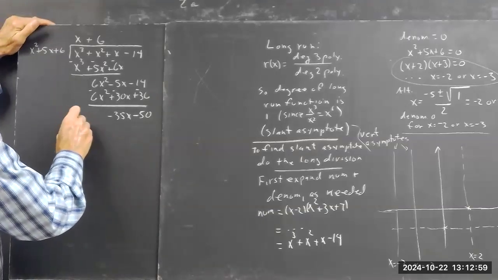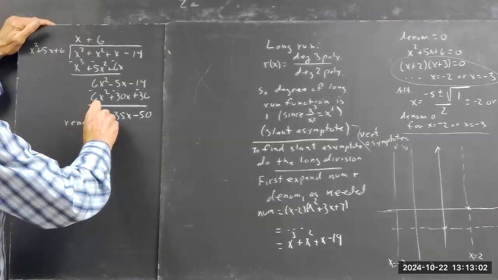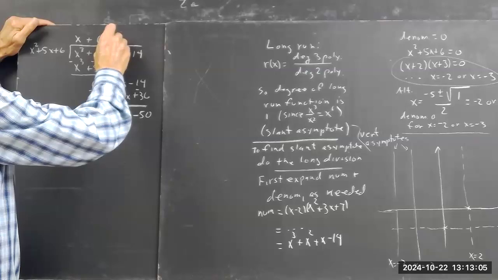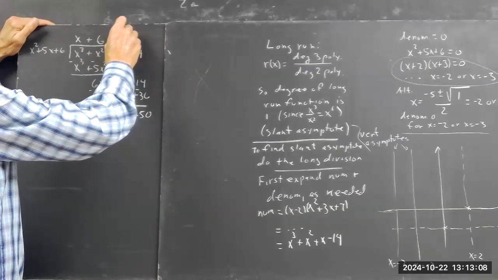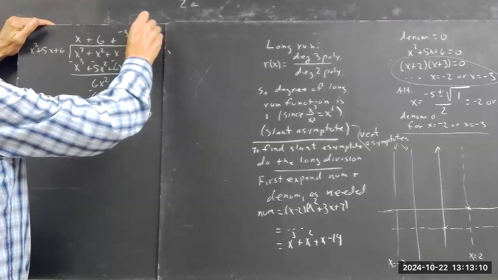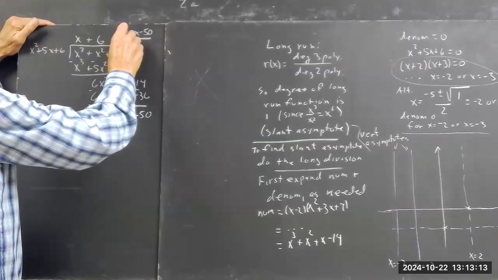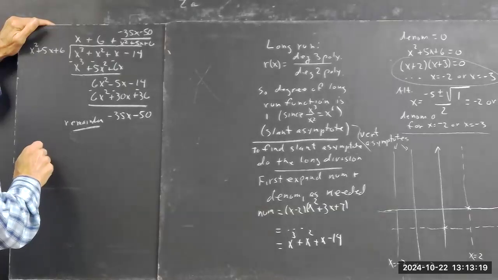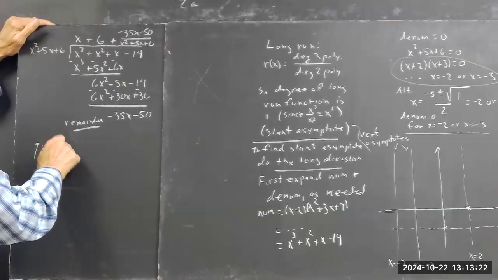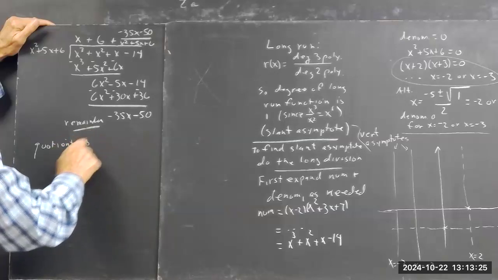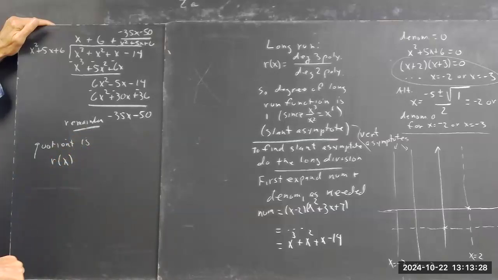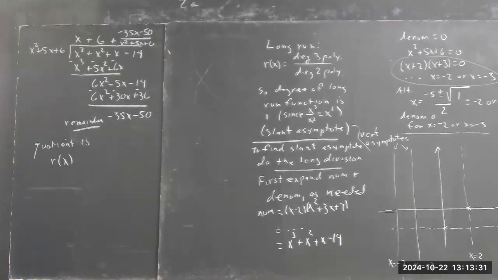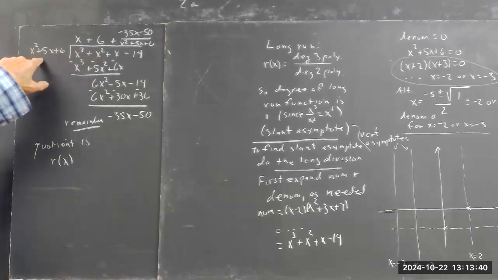This is a remainder. So we write that as plus negative 35x minus 50 over x squared plus 5x plus 6. That'll be a little hard to read, but the quotient is still r of x, because r of x is just the numerator divided by the denominator.